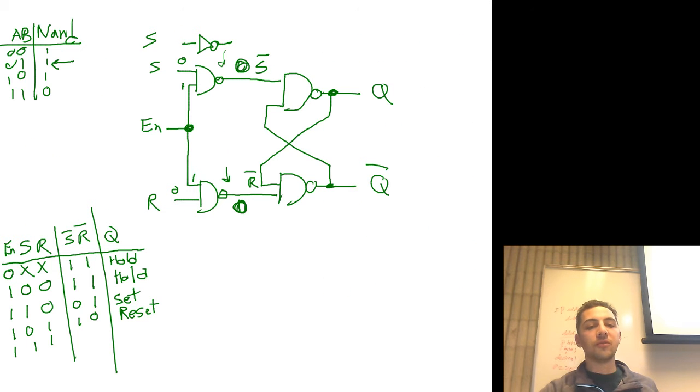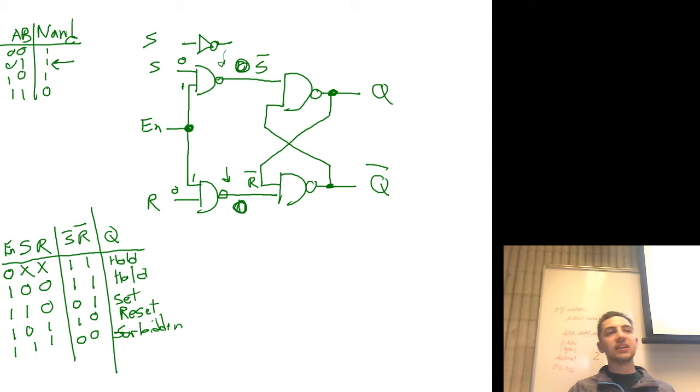The whole point was to avoid this, I thought. We do get a 0, 0, which is a forbidden state. So this doesn't actually solve our problem. It does to a certain extent because we can disable the control input here.